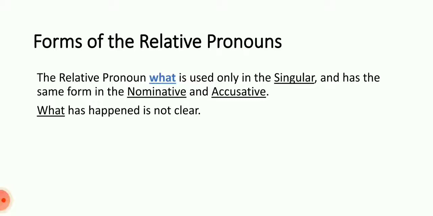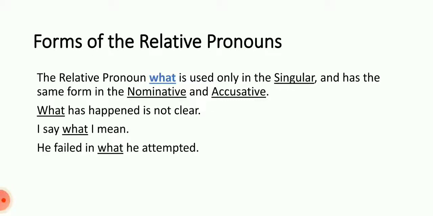Now here what is used as the relative pronoun. Second example, I say what I mean. Now here what is used as accusative case. And he failed in what he attempted. So what in all the cases is used as nominative and accusative case, and is singular in number.